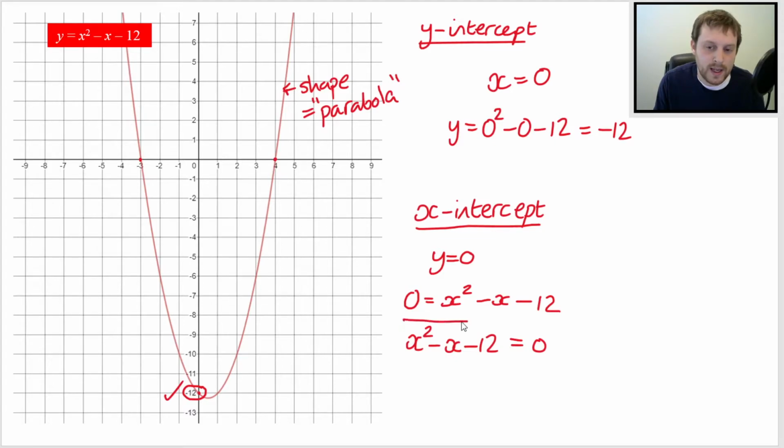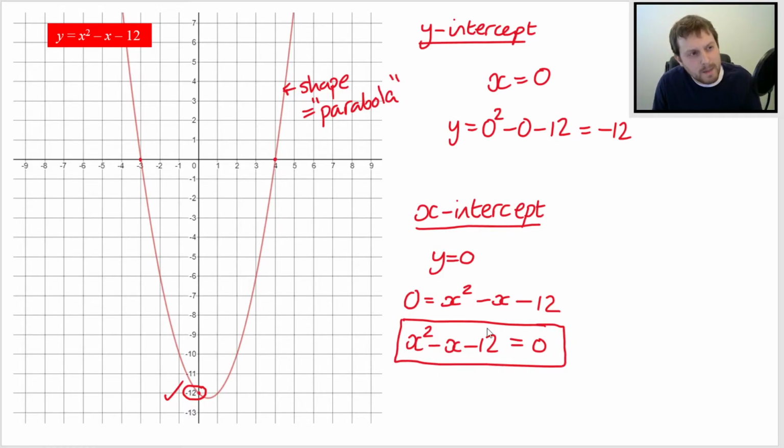And then this here, I'm going to put a box around it, is the format that we want a quadratic equation written in. We want it to be a quadratic equals 0. Now, as it happens, we know the answers already because we've got the graph here.